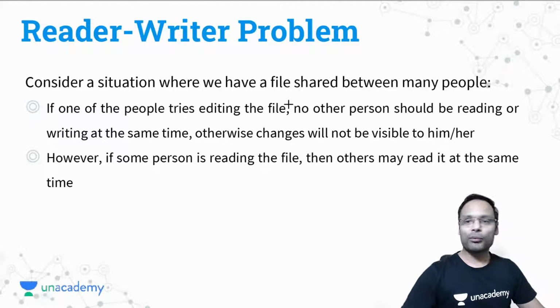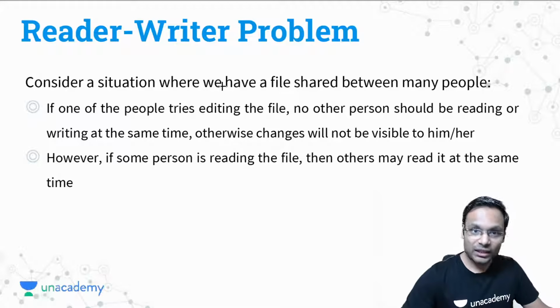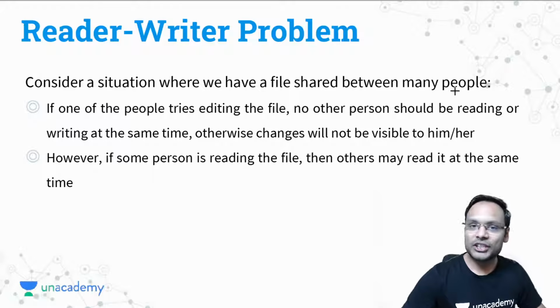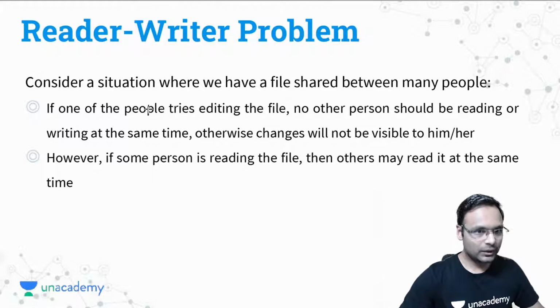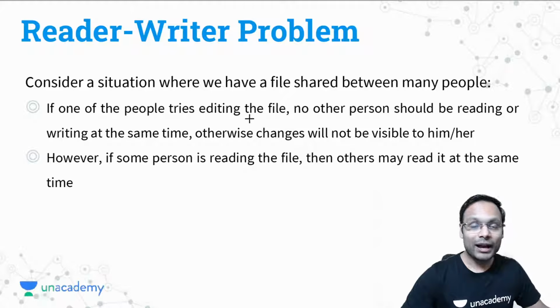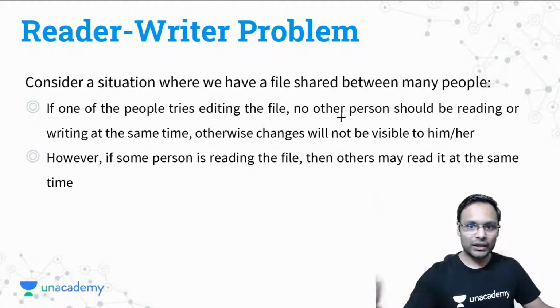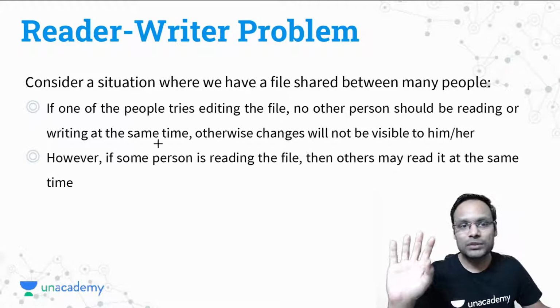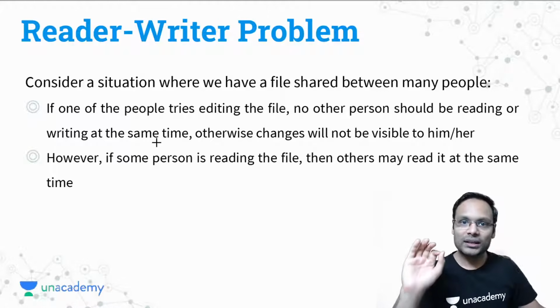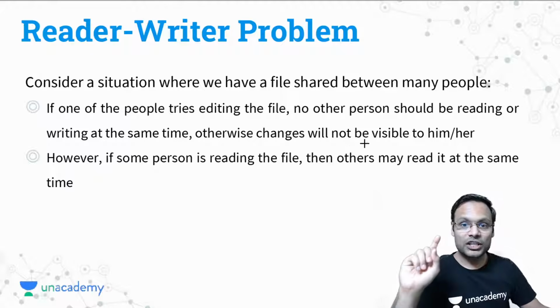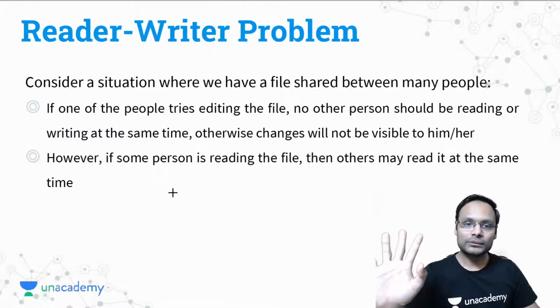So reader writer problem is what? A situation we will have to consider where we have a file. That particular file is shared between multiple people. If one of the people tries editing the file, means writing into the file, no other person should be reading or writing at the same time. कोई दूसरा पर्सन ना तो रीड कर सकता है ना राइट कर सकता है, otherwise changes will not be visible to him or her, right?